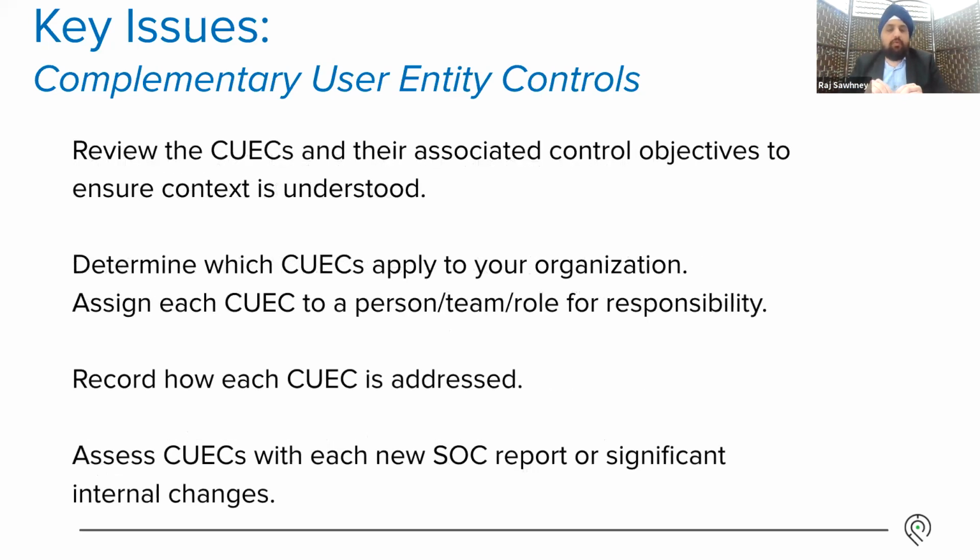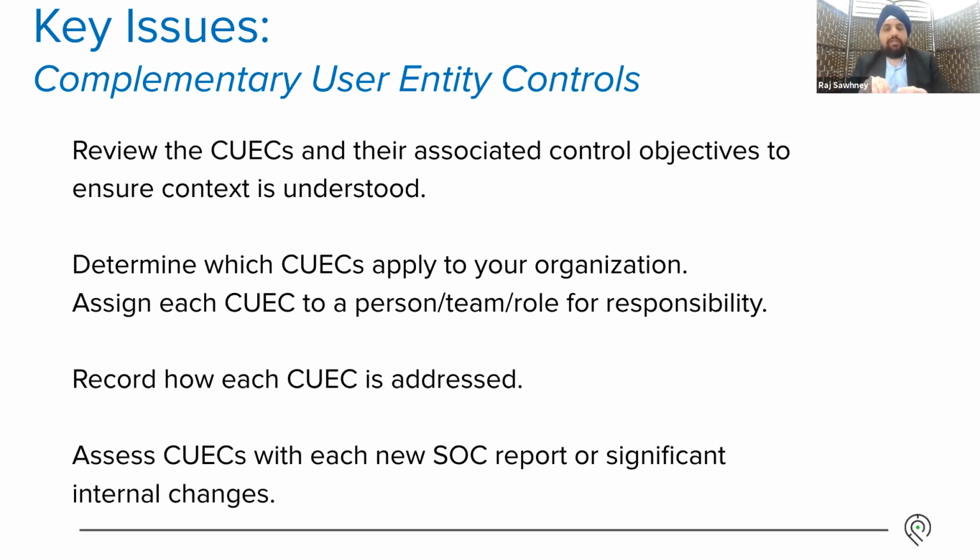Okay, so what do I do with the CUECs if I'm a user entity? Basically, I review the complementary user entity controls and the associated control objectives. For example, I have a control around accessing the data from the service provider.